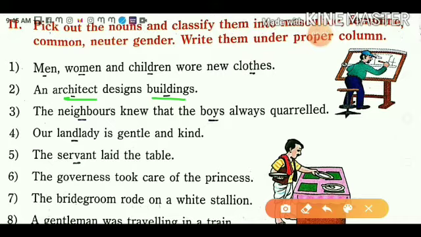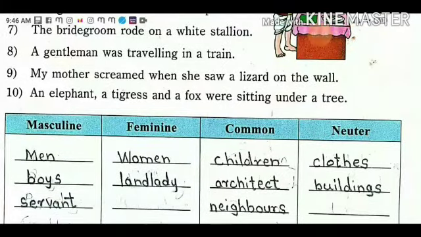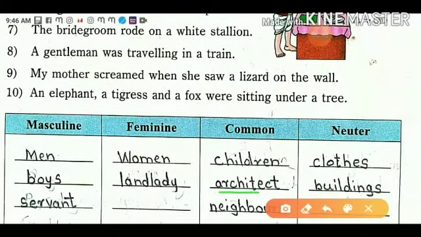Buildings are not male and not female. There is no gender identifier for buildings, so it is of neuter gender. So we use architect in the common gender column and buildings in the neuter gender column, just like this.